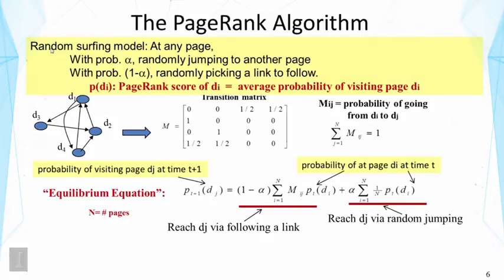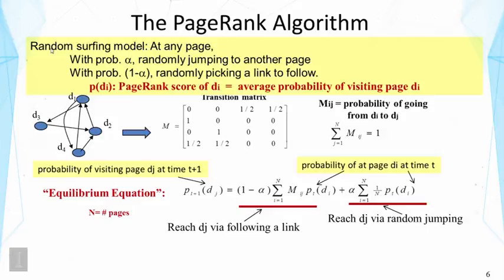The second part is a similar sum. The only difference is that now the transition probability is a uniform transition probability, 1 over n. And this part captures the probability of reaching this page through random jumping. Right? So the form is exactly the same. And this also allows us to see why PageRank essentially assumed a smoothing of the transition matrix.